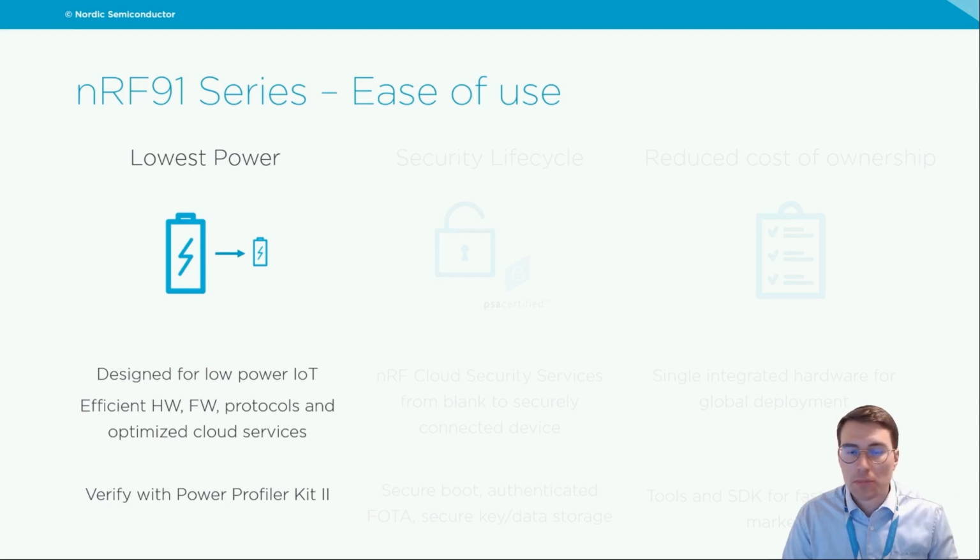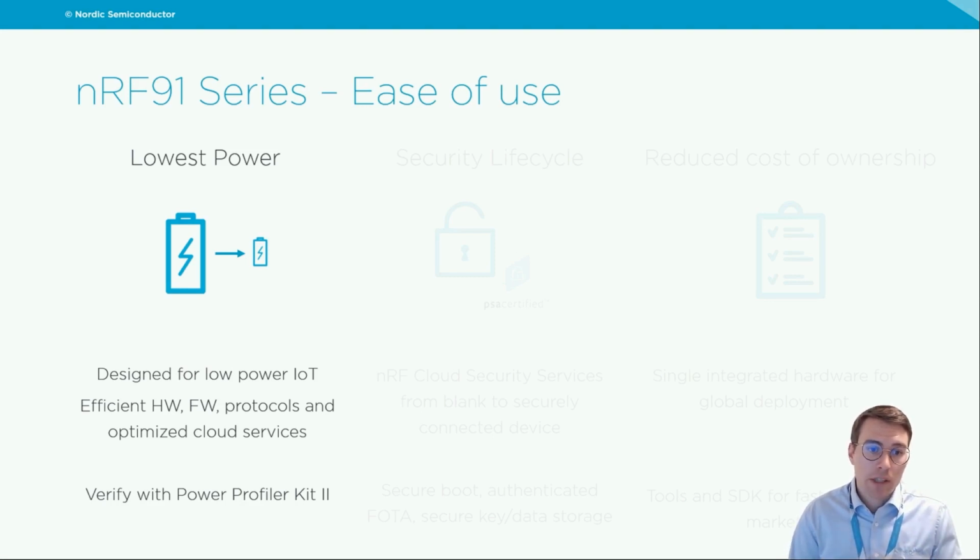So, in short, the nRF91 Series devices themselves are the lowest power on the market for a complete cellular IoT solution. We have low power in our DNA, and we have made sure that our cellular devices follow that rule.